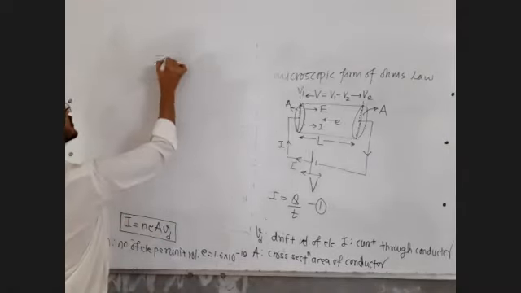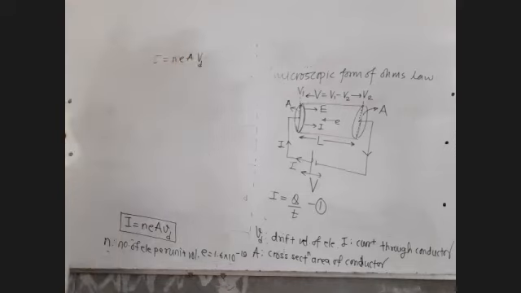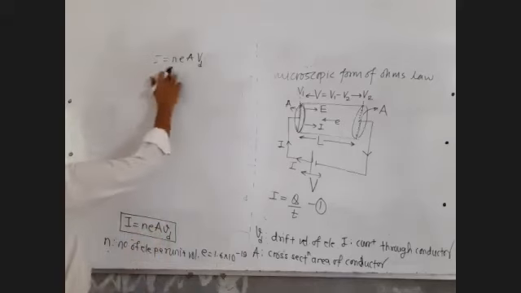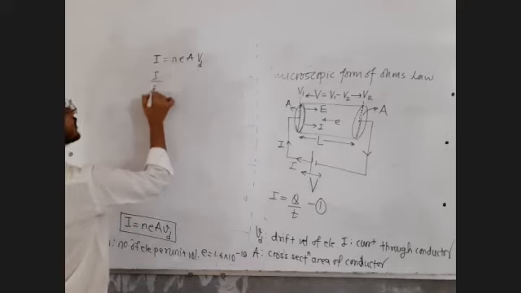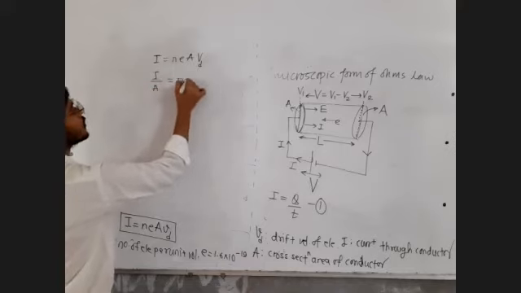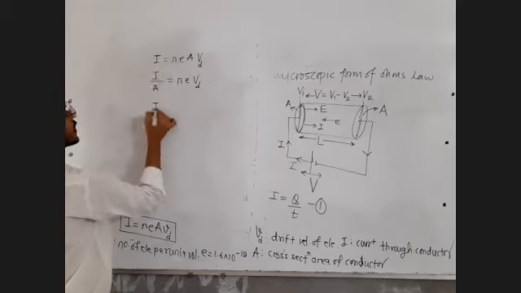I is equal to N E A Vd. So I upon A equals N E Vd. But current per unit area is the current density.